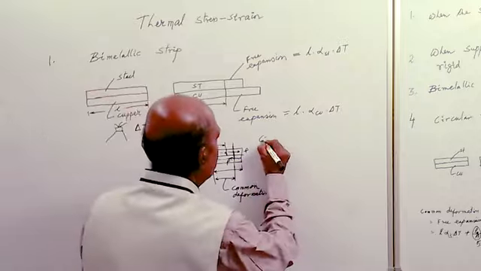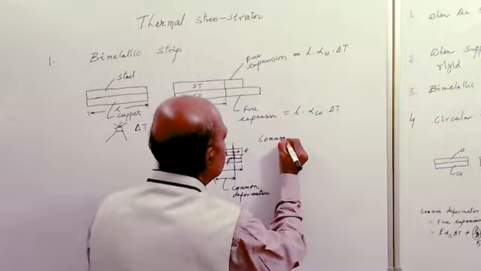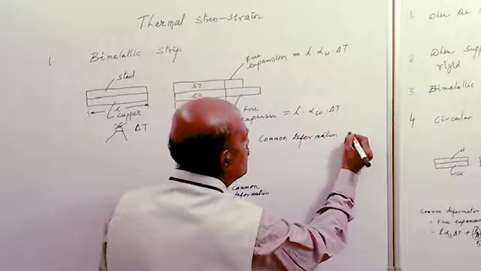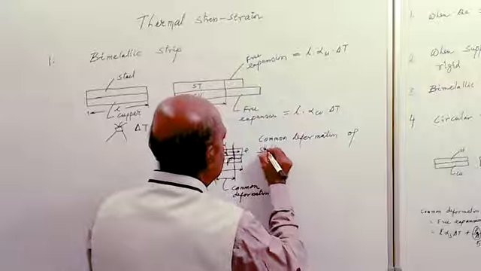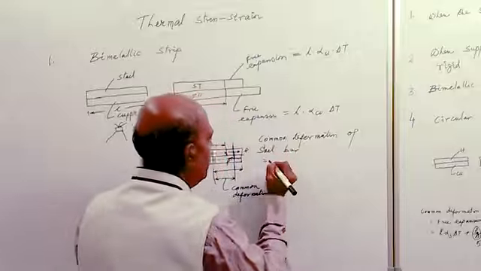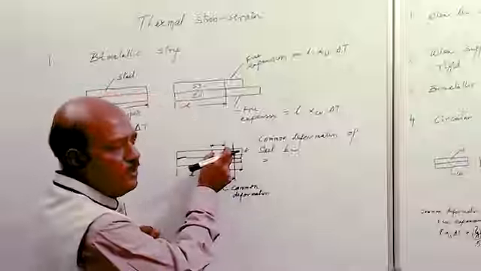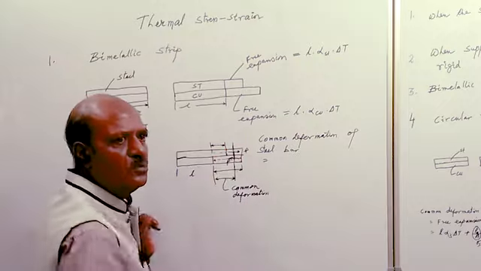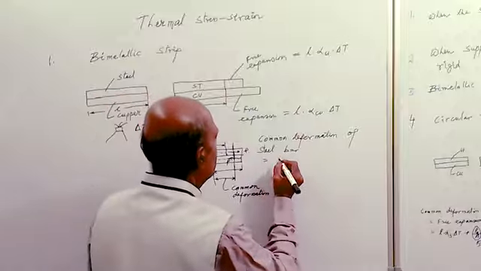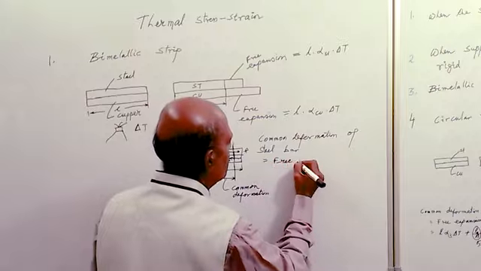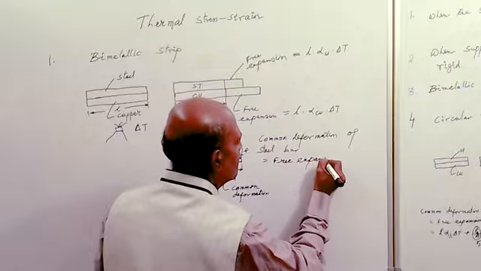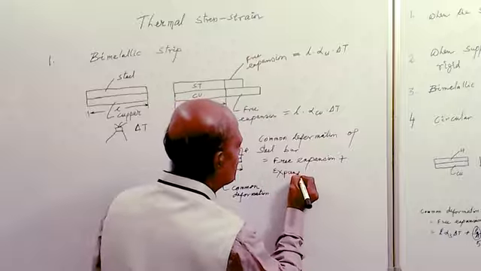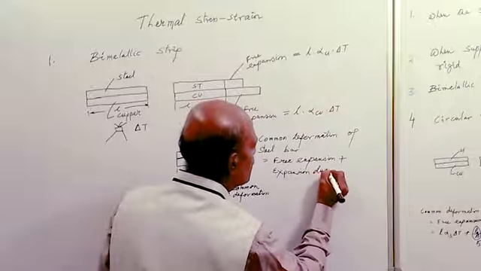So we can write the common deformation of the steel bar, and that will be given by the free expansion, plus the expansion due to force P.